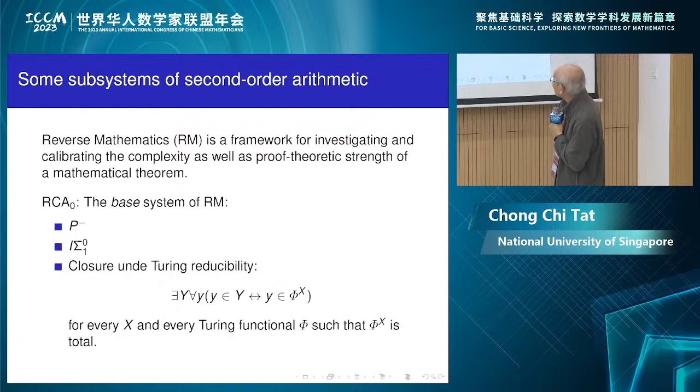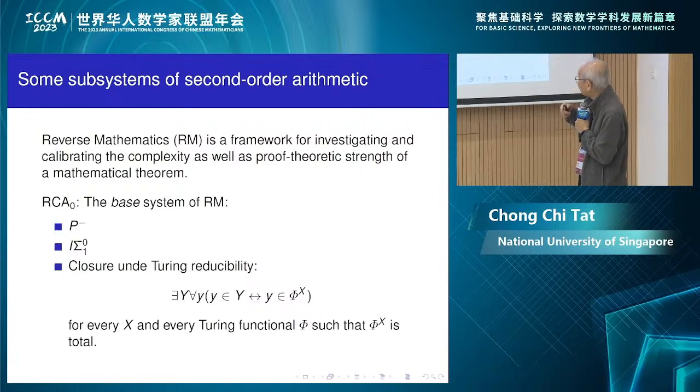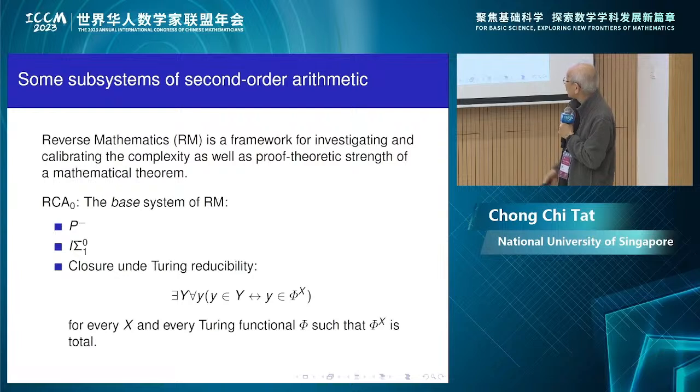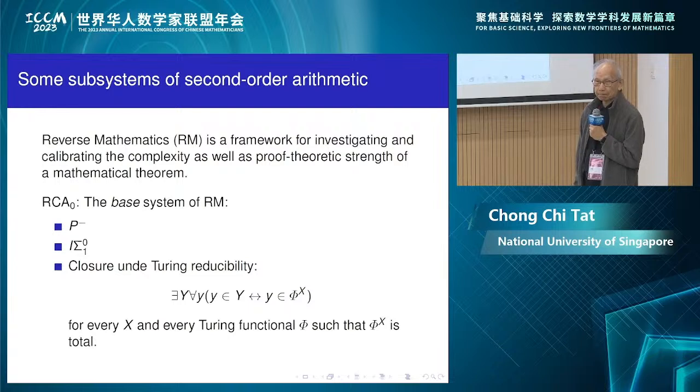And thirdly, it has this closure notion, which, from the viewpoint of recursion theory or computability theory, says that any model of RCA0 must have the property that if any set of numbers, let's say capital A, is already in the model, then all the sets B which can be computed from A are also in the model.